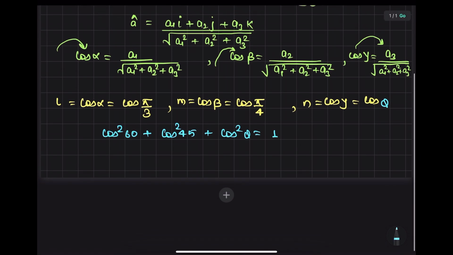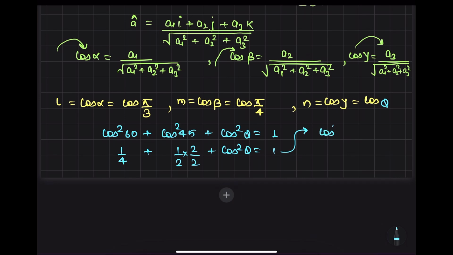So cos 60 is what? 1 by 2. 1 by 2 square is what? 1 by 4. Cos 45 is what? 1 by root 2. 1 by root 2 square is what? 1 by 2. So can I write 2 by 2? Plus cos square theta equals 1. So can I write this as cos square theta equals, this is what? 3 by 4. So 1 minus 3 by 4 is what? 1 by 4.